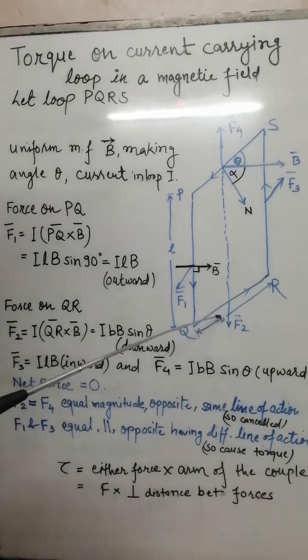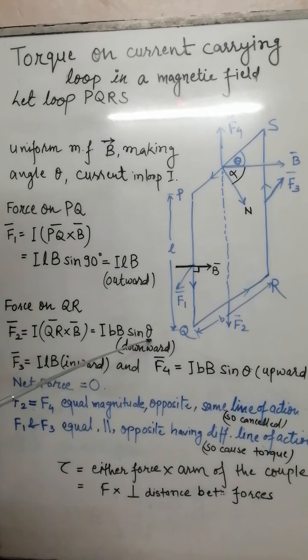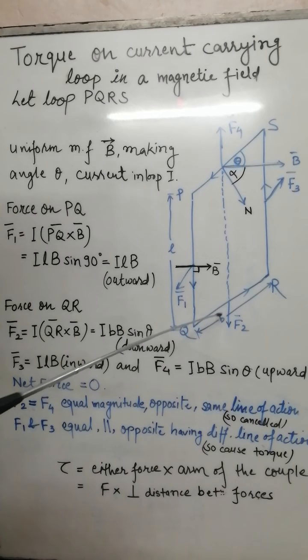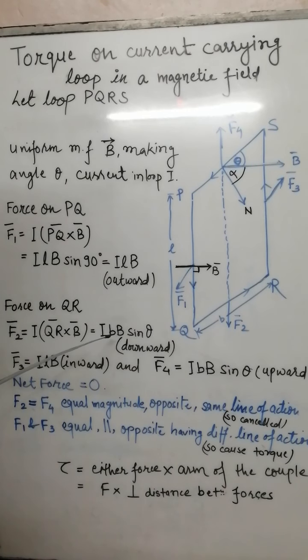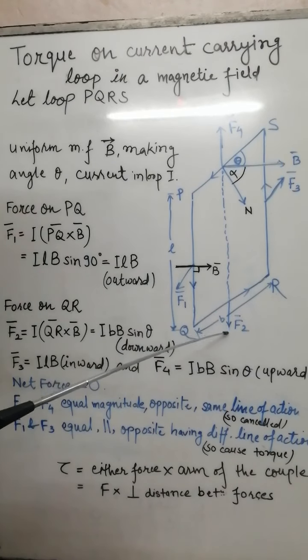Okay, it is B. So F2 is equal to I B B sine theta. Here the angle between this current element and magnetic field is theta. Okay. So it is I B B sine theta. And the direction of force will be downward.